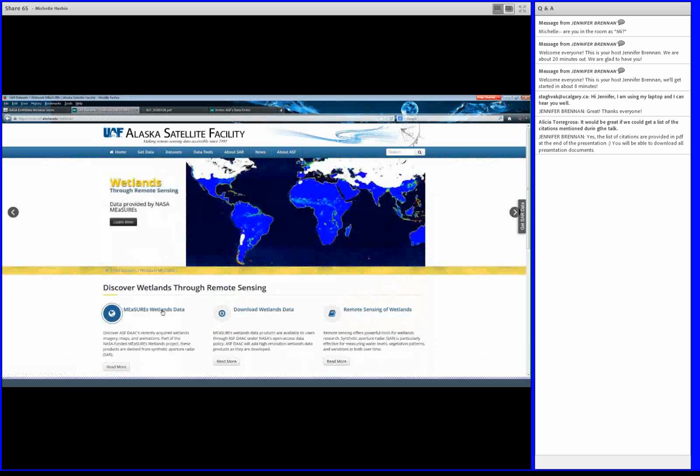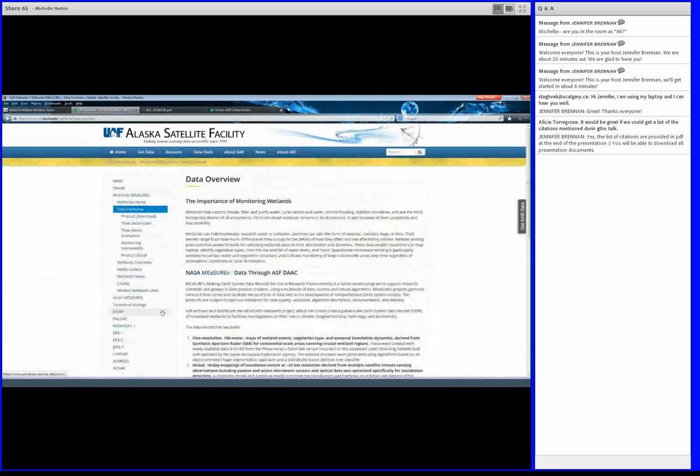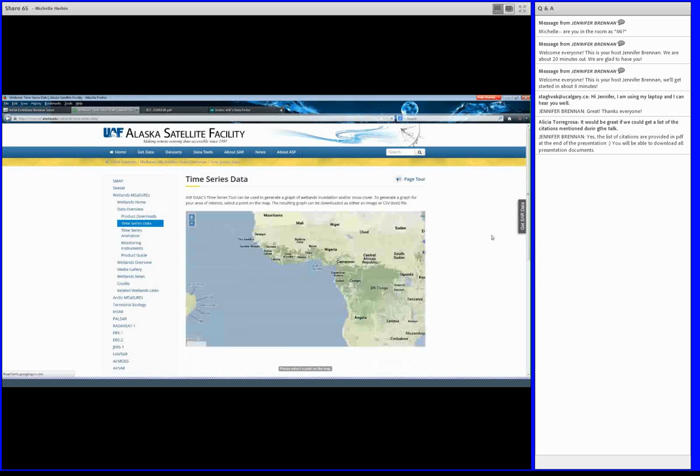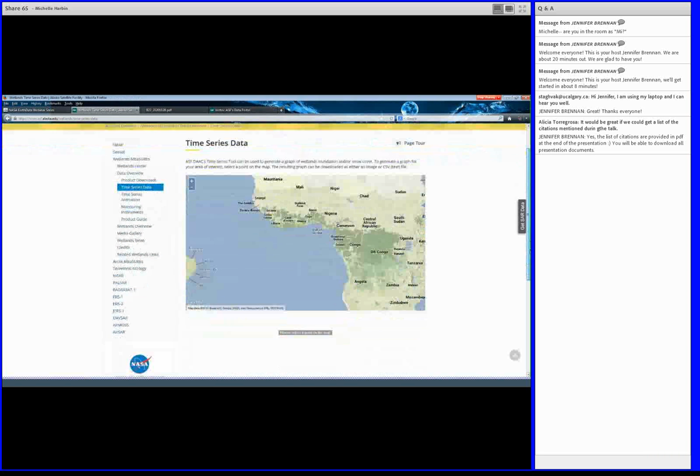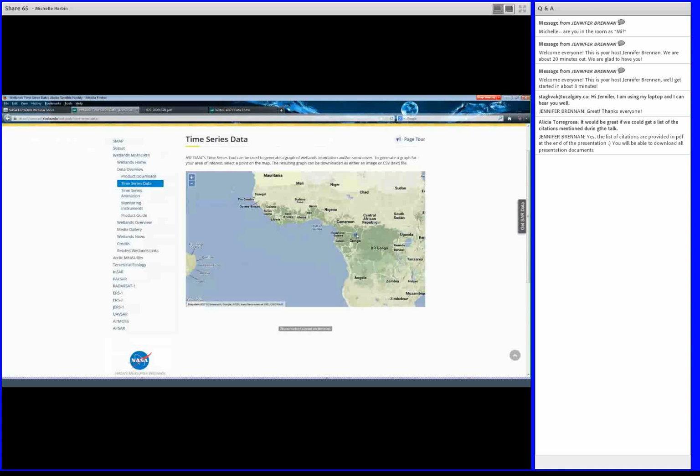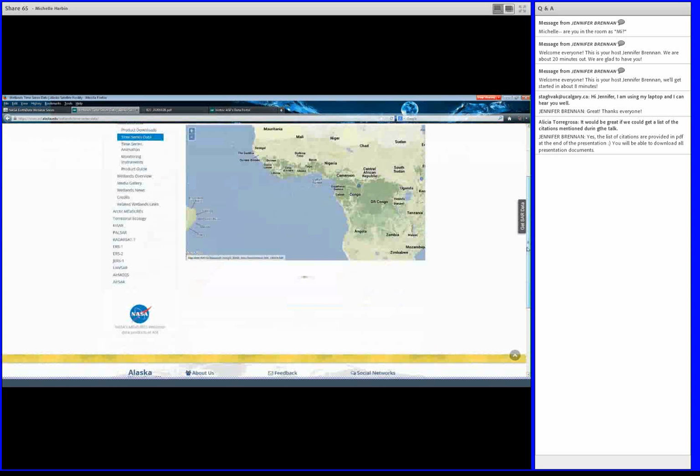I can get additional information about the data, about the project and the data that's available. If you click this time series data, it brings up an interface where you can visualize this time series data. You just click on a point in the map, and that will bring up a chart below the map.